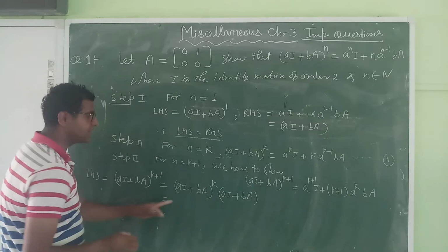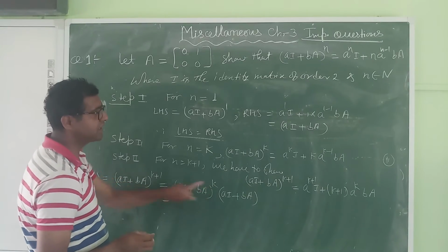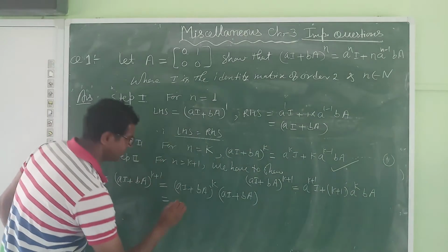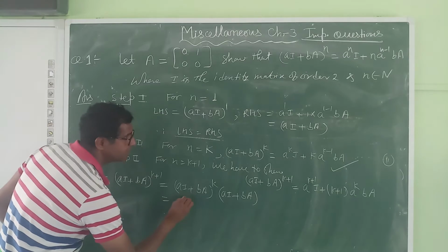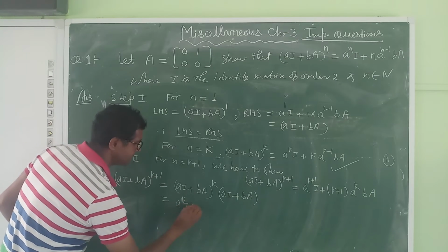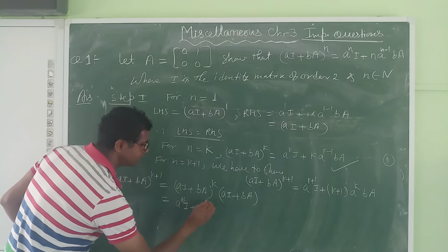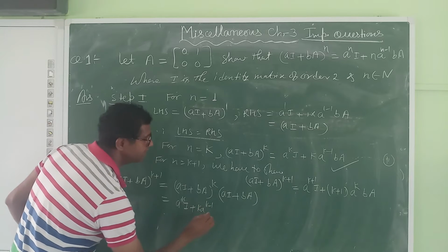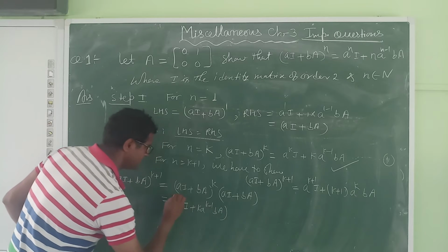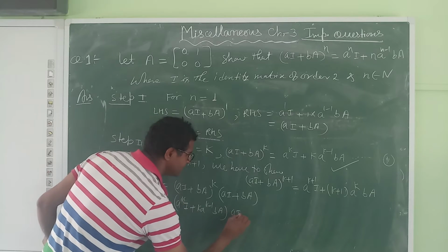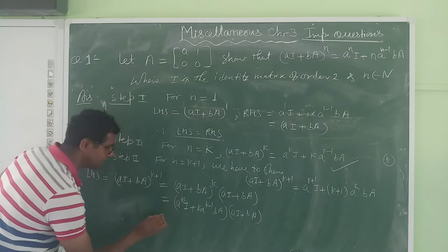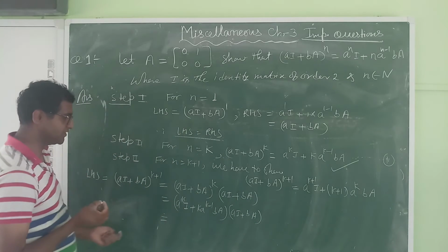The value of (aI + bA) whole power k from equation number second is a^k I plus k a^(k-1) bA, into (aI + bA). Now you will apply algebraical multiplications.